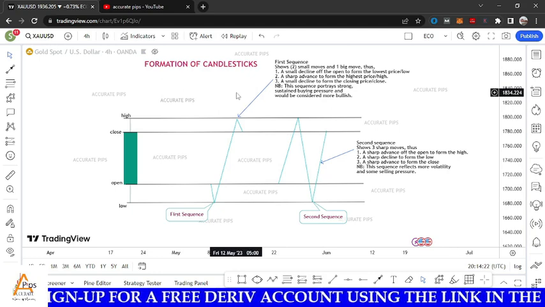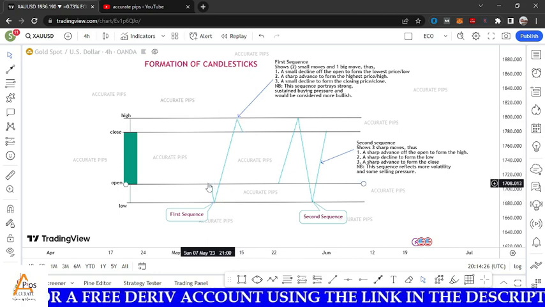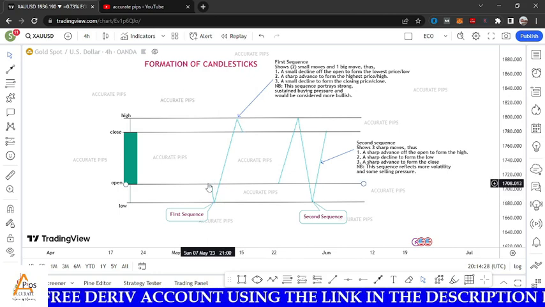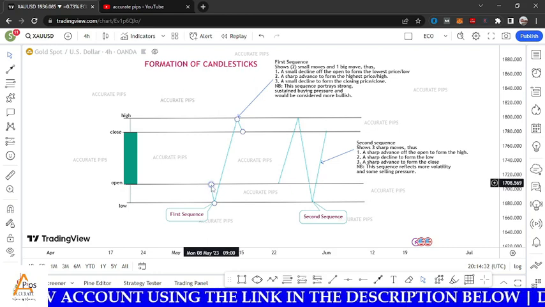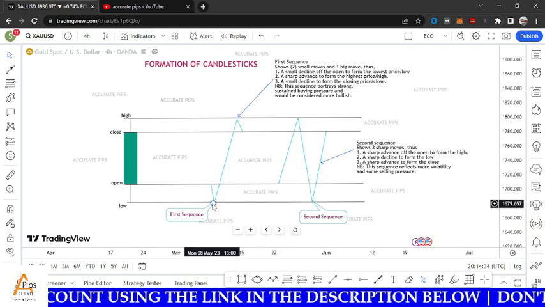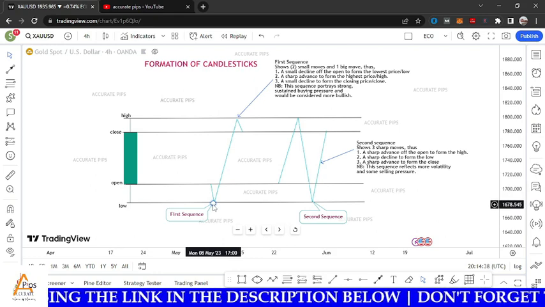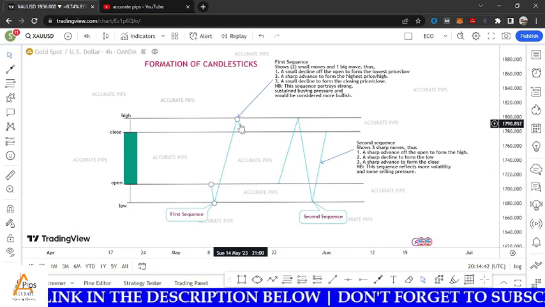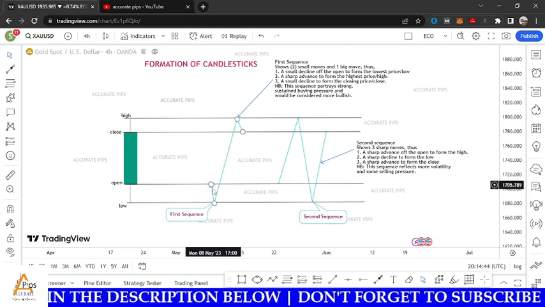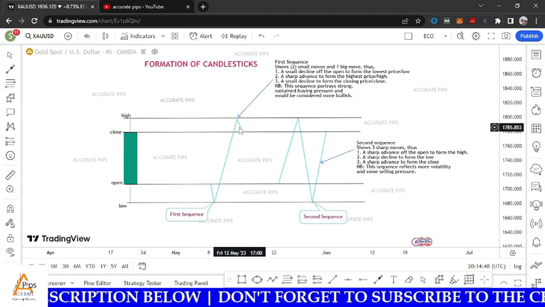So how does this occur? Now what happens is, this is the open. When price opens, there is a small decline from that open price to create the lowest price. Then after that we see a sharp move, that is the second movement of this sequence.